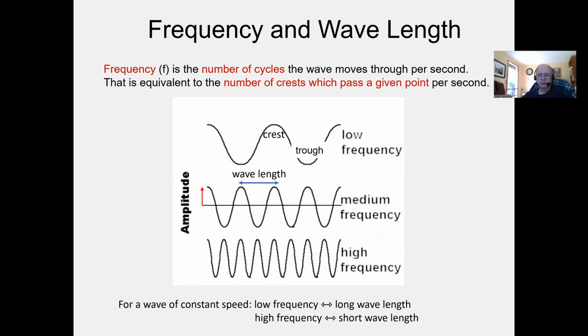So as long as we're talking about a wave moving at the constant speed, then there's a nice relationship between frequency and wavelength. You can talk about one or the other. They're equivalent descriptions. Realizing though that low frequencies correspond to a very long wavelength, and a very high frequency corresponds to a very short wavelength.